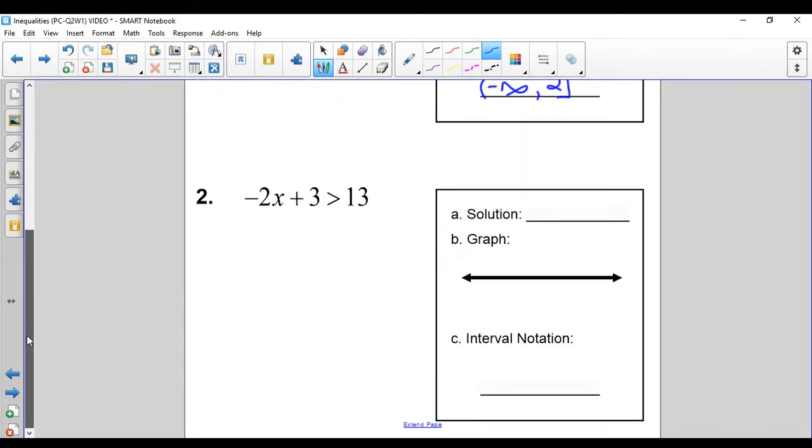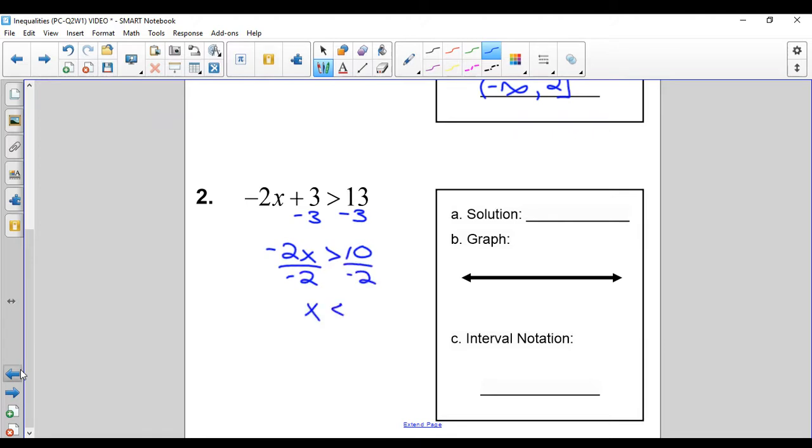Example number 2. Same deal. I just have a -2 out front. We'll discuss that here in a second. -2x is greater than 10. I divide by -2 in this step. I'm dividing by a negative, so the symbol flips to be -5.